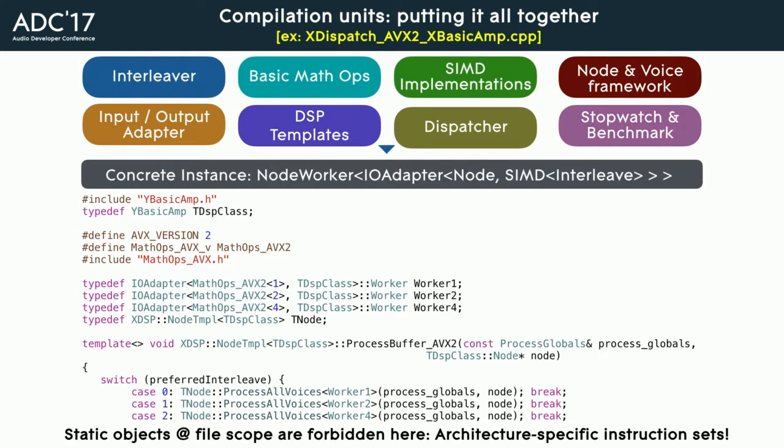This is basically generating the processing code for that specific combination of a machine architecture and a set of DSP code. The idea being that this is simple and dumb enough that we can generate these cookie cutter compilation units with a script in a scripting language of your choice.